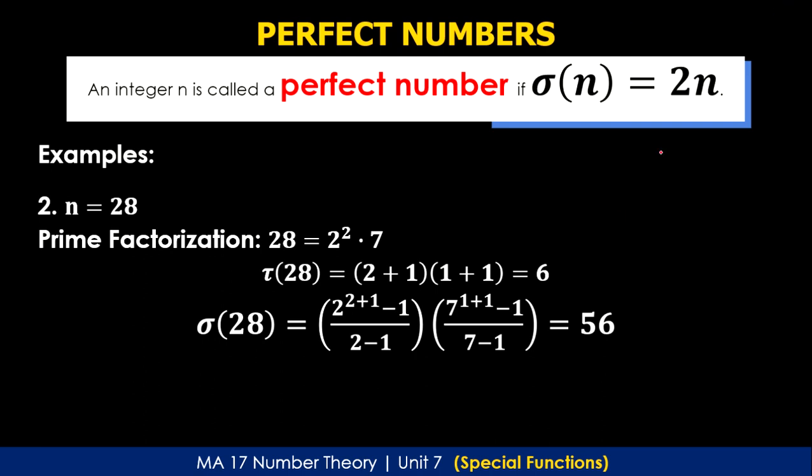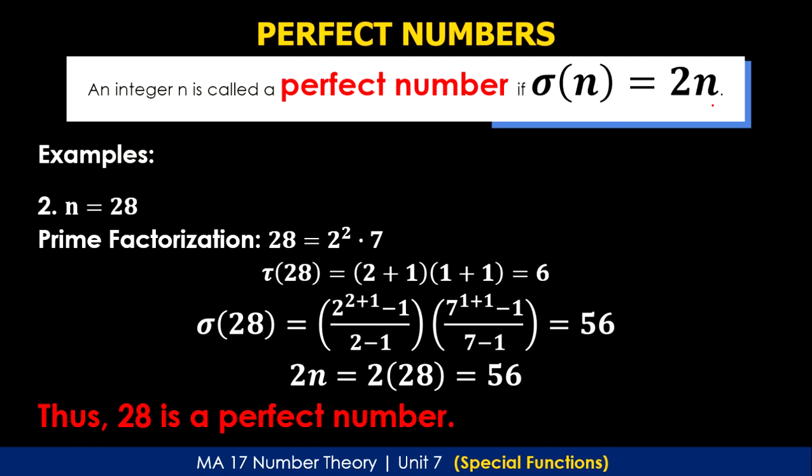Now, the twice of that number, 28, is still 56. The sum of positive divisors is 56, and twice that number is 56 also. Therefore, we can say that 28 is a perfect number.